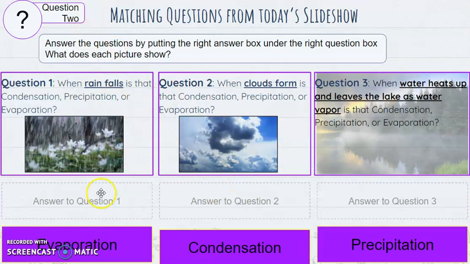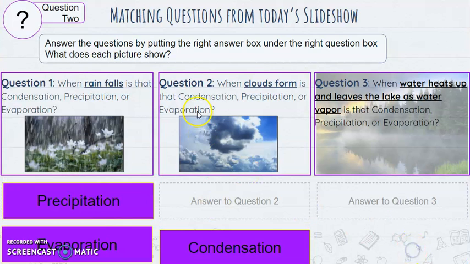Let's see if we understand this. Question 1. When rain falls, is that condensation, precipitation, or evaporation? You can walk outside with your umbrella and say it is precipitating rain. That's precipitation. Question 2. When clouds form, is that condensation, precipitation, or evaporation?